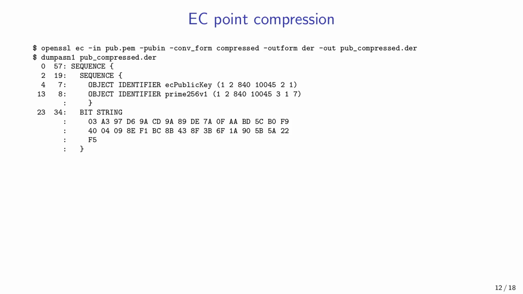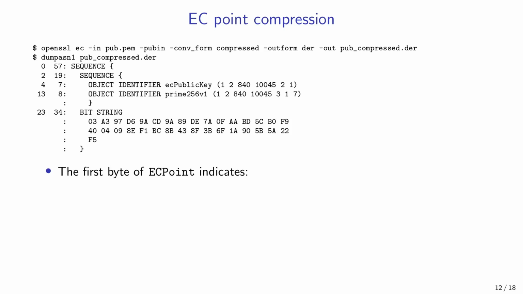As I mentioned before, for every x value on the curve, there are only two possible y coordinates that the point can have. So instead of storing the full value of the y coordinate, we can just use a single bit to specify which of the two possible y values is the y value of the point. And we store this bit in the first byte of the encoded elliptic curve point.